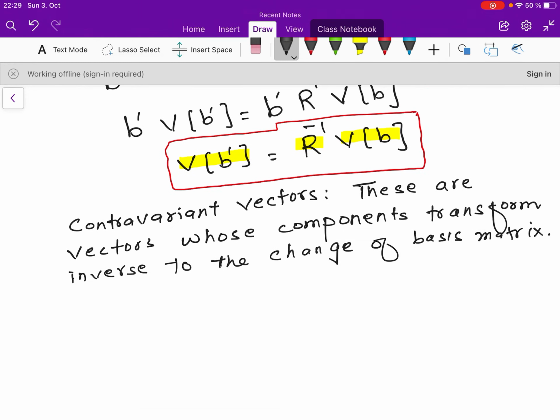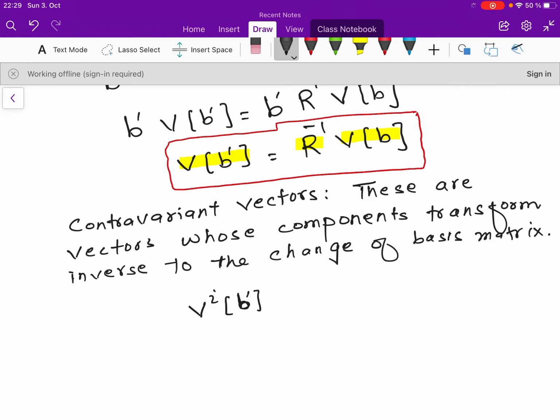So this means that in component form I can write this also in this manner. The primed components, say V^i in the prime coordinate system.